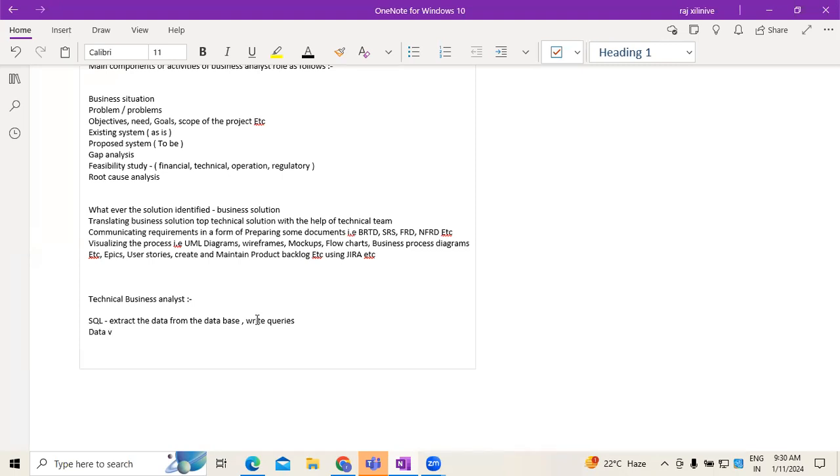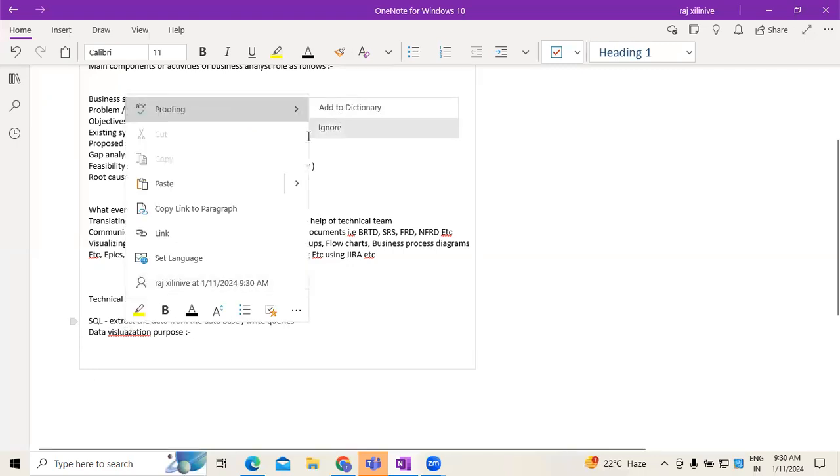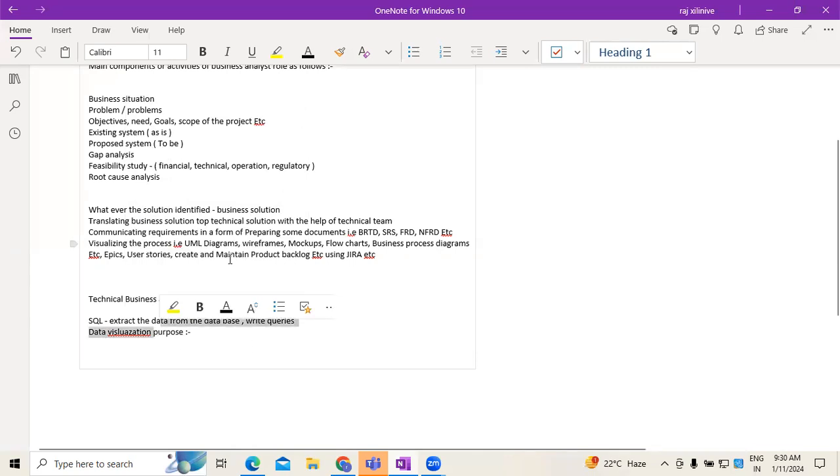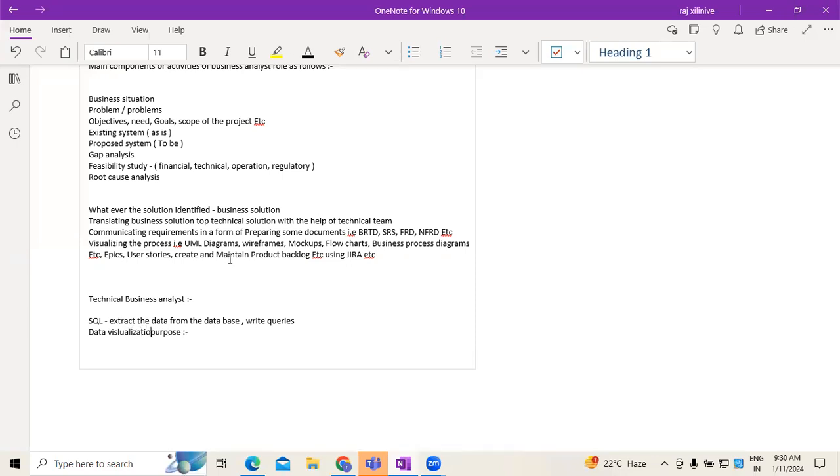Second, for data visualization purposes, because if we want to create any dashboards, for that we require Tableau or Power BI.